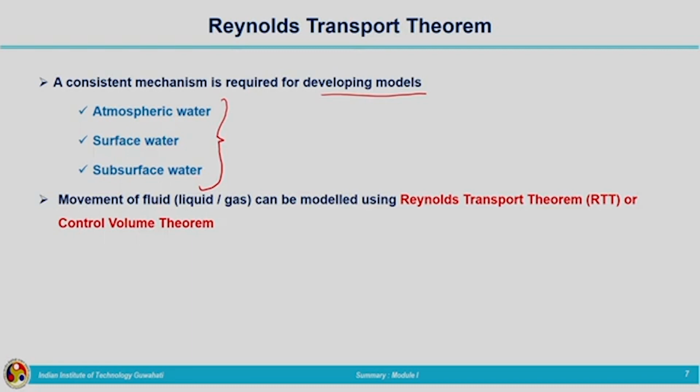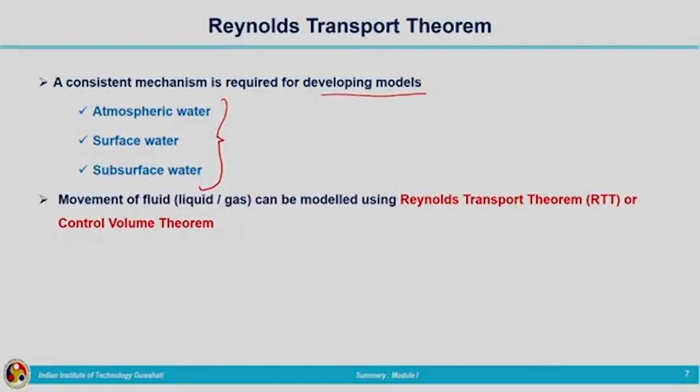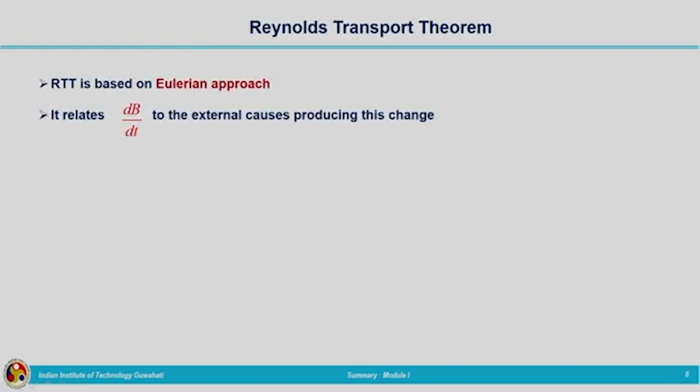Whenever the movement of fluid comes into the picture, for understanding the mechanisms behind it, we need a complicated model which represents the movement of this fluid. That can be obtained by means of this Reynolds transport theorem or the control volume theorem.